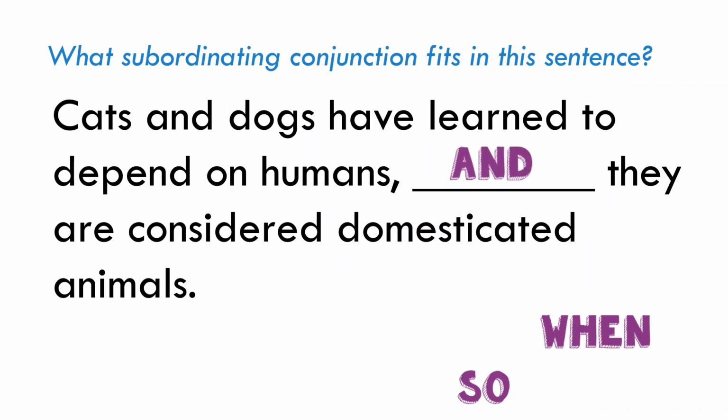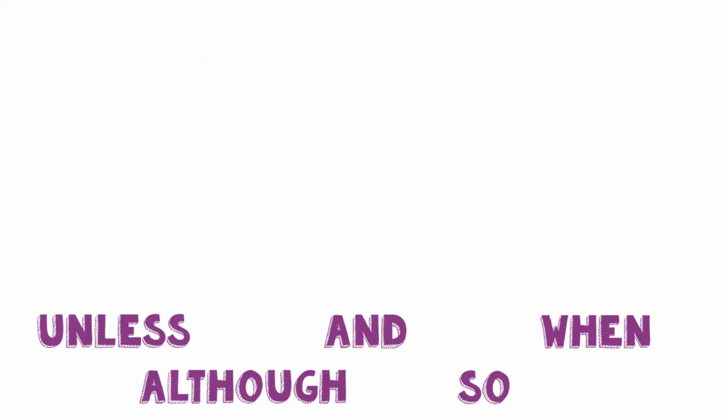Cats and dogs have learned to depend on humans and they are considered domesticated animals. Nope. Cats and dogs have learned to depend on humans, so they are considered domesticated animals. This is the one that makes sense. The effect of cats and dogs having learned to depend on humans has caused the fact that they are considered domesticated animals. So is the correct conjunction.